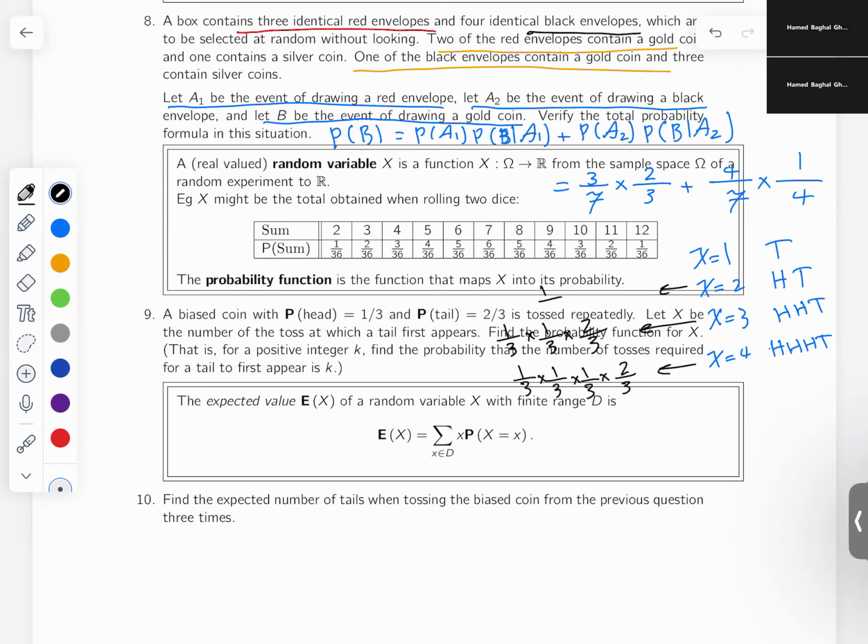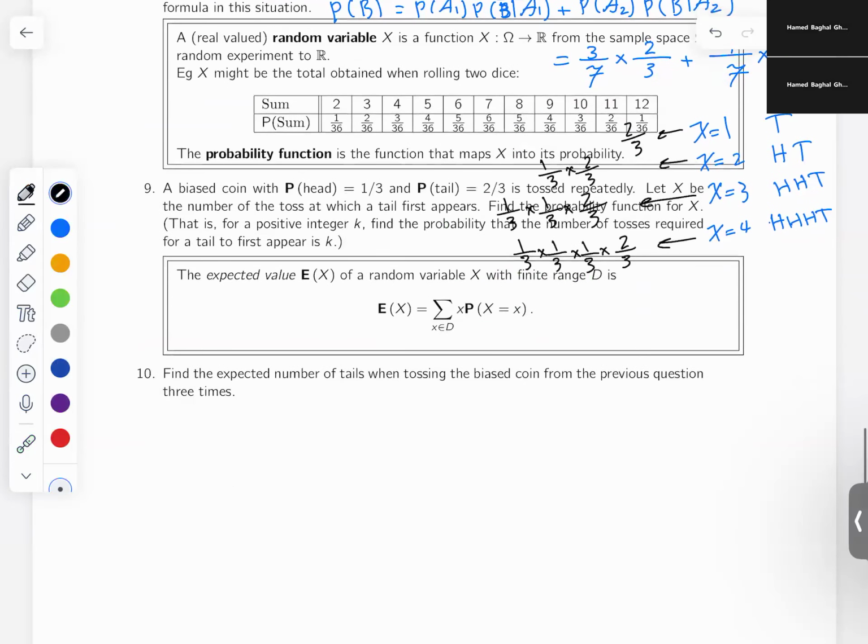This one is easier, and this one is much easier. Therefore, the probability of x, when x is in natural numbers, is 1/3 to the power k minus 1 times 2/3.